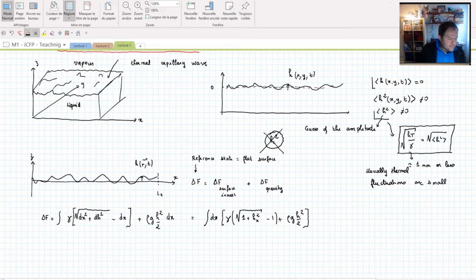Well, and if I write something like that, I probably will have to write the distance in the Ly direction if the system is invariant in the other direction.